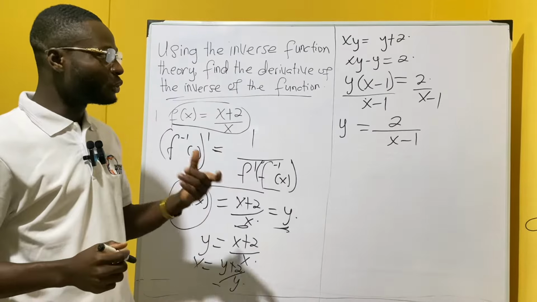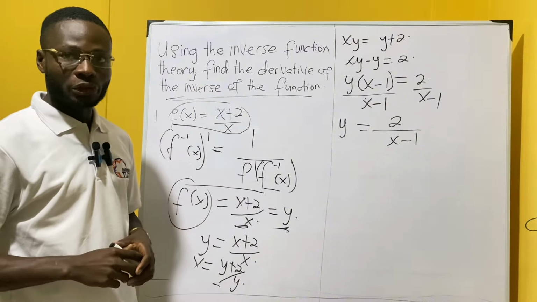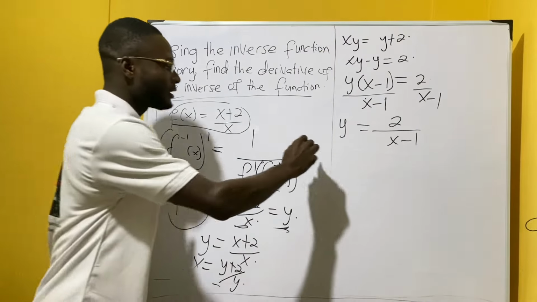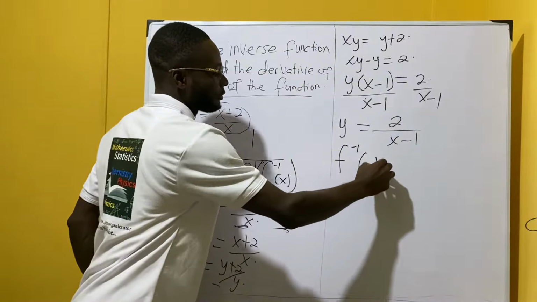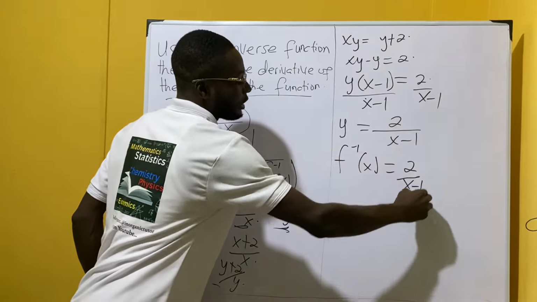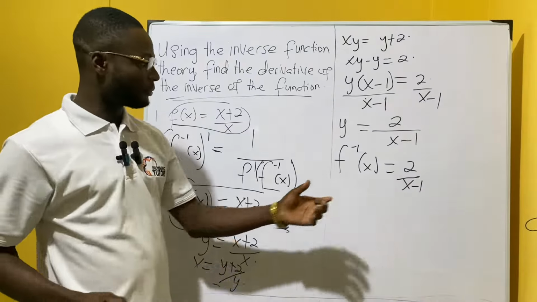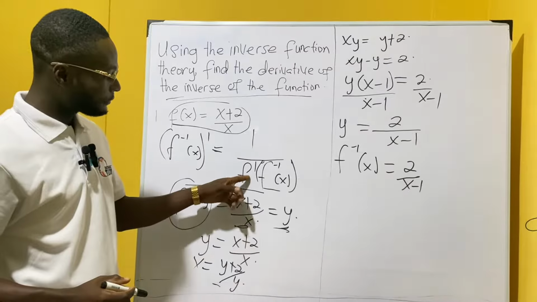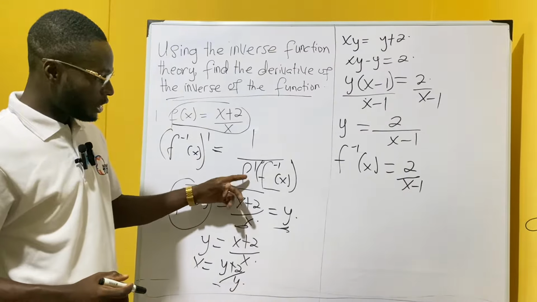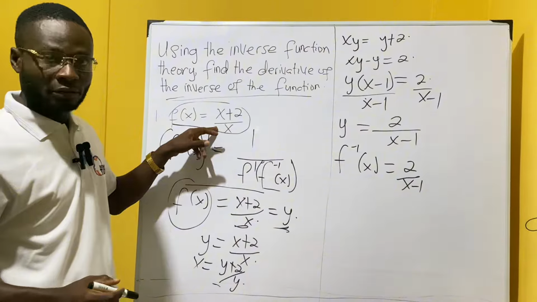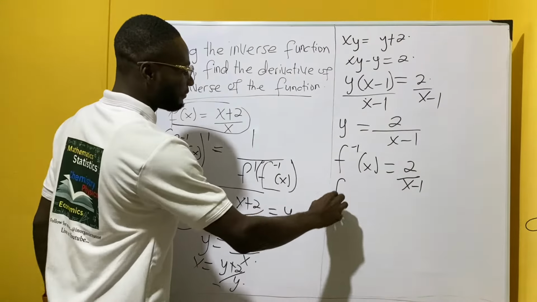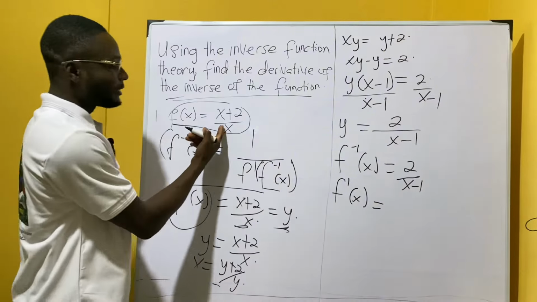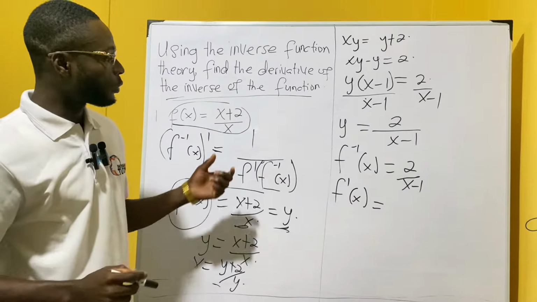But then we want to use the inverse function theorem to find the derivative of the inverse of this function. So this has become the inverse of the function. As we already know, it's very simple here. We now go ahead with the formula. We have to find the derivative of the function. For that, we apply what we call the quotient rule.